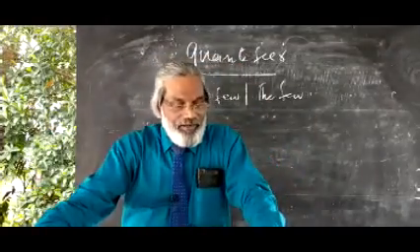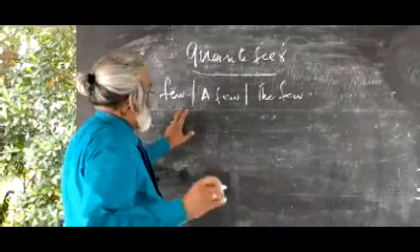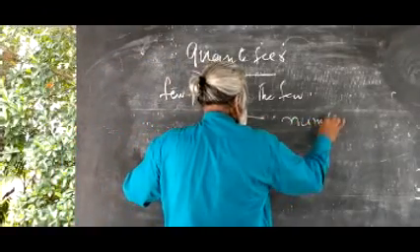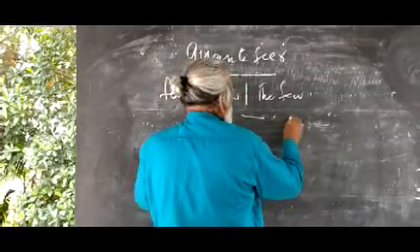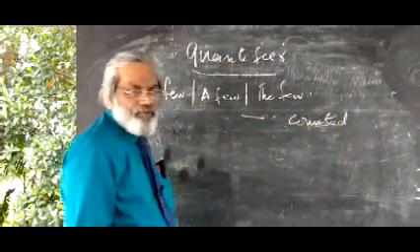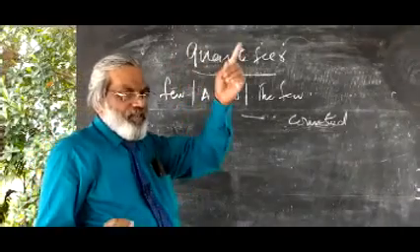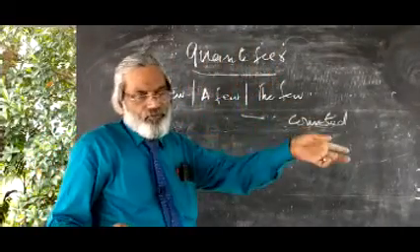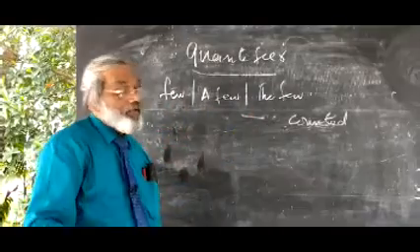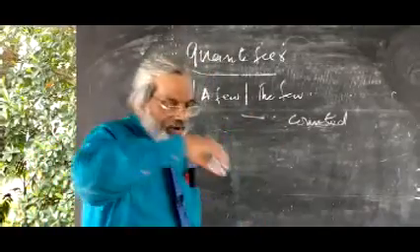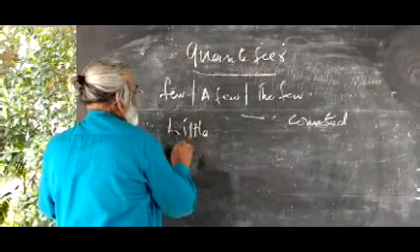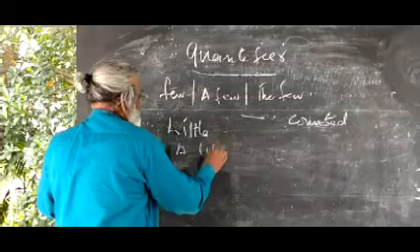They are followed by countable nouns. You studied uncountables and countables. Few, a few and the few relate to countables, whereas you will get another quantifier, little, a little.